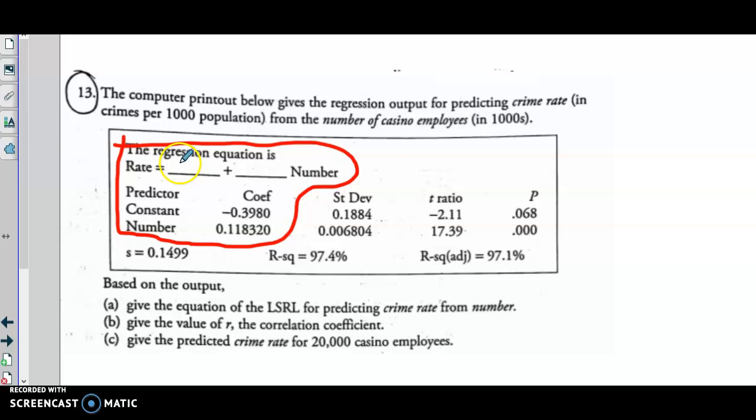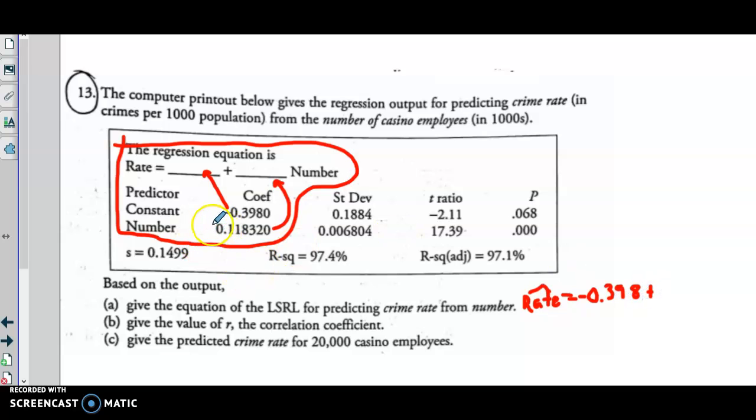I can literally just fill in the blanks. Here is the Y-intercept, and the Y-intercept's the constant, so this number is going to go up here. And then the slope says coefficient, and the X is number of employees, so that's going to go over here. So my regression equation will be rate hat. I should really put a hat on it because it is a prediction. So predicted rate equals negative 0.398 plus, because this is positive.